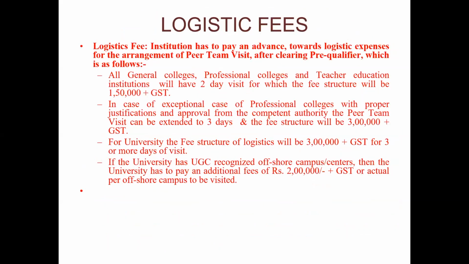So, what is the logistic fees? For colleges, it's 1,50,000 plus GST 18%, that is 1,77,000. For professional institutions or colleges, 3 lakh plus GST 18%. Same for the university. But if any university has recognized offshore or off campuses, they have to pay an additional 2 lakh plus GST 18% for such offshore campuses.